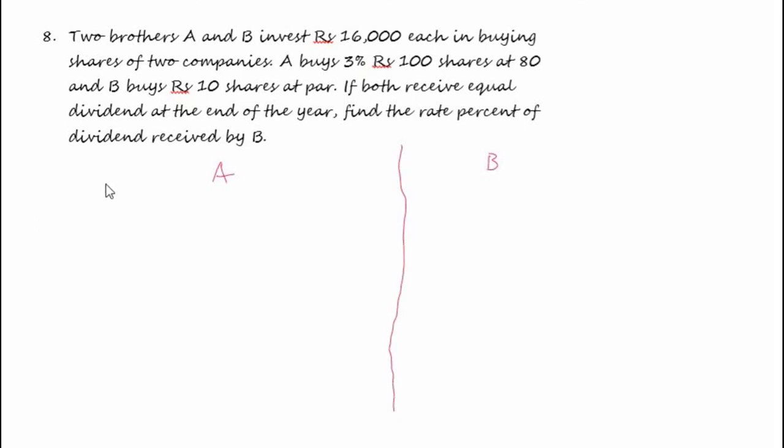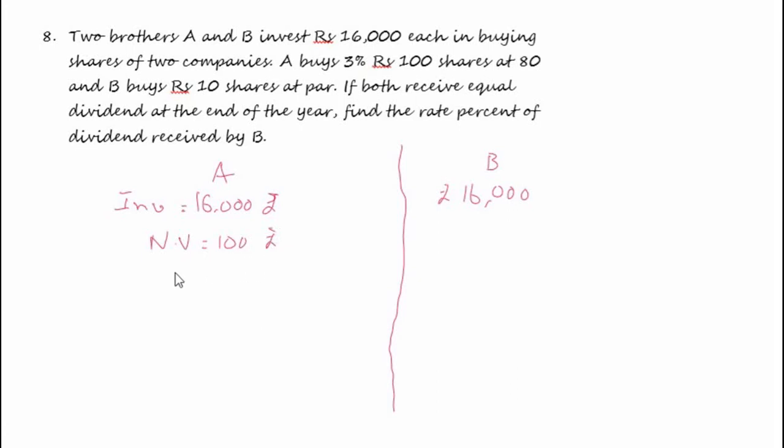Now, investment of both is 16,000. Here also 16,000. Now NV in this case is 100 rupees, shares at 80.